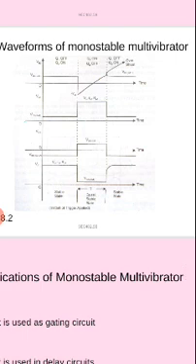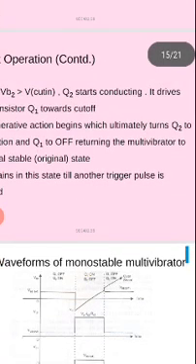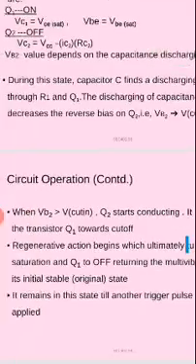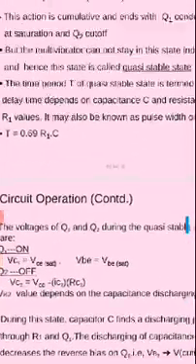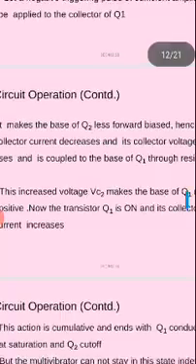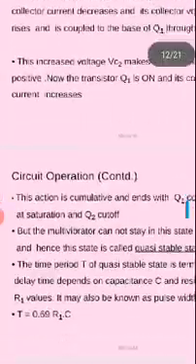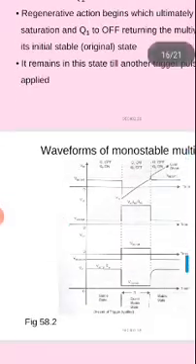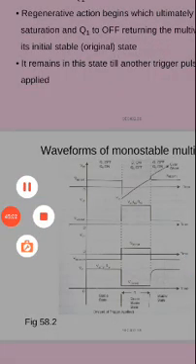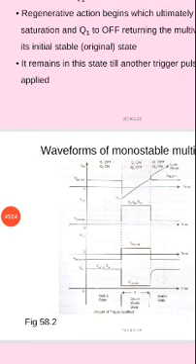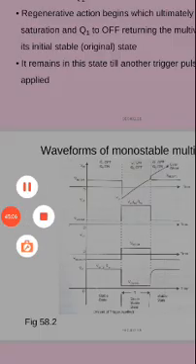Both waveforms, one at the collector and the base waveform of both the transistors Q1 and Q2. We discussed operations of the circuit diagram. So all this we discussed. So in the next class we will discuss the next topic.